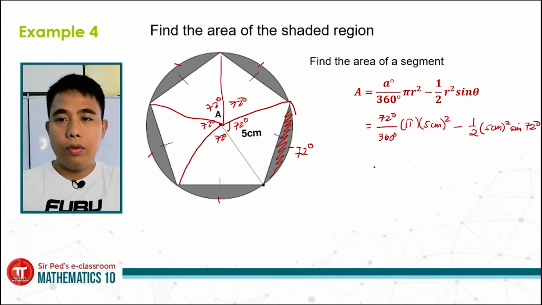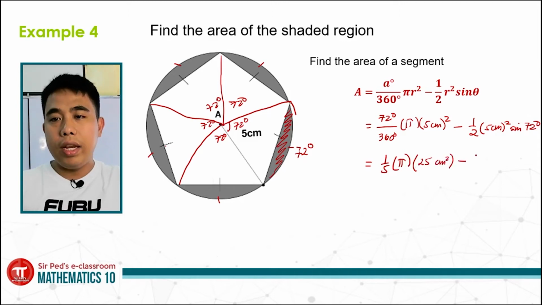We simplify, so we have 72 degrees over 360 degrees, that is 1/5 times pi times 5 centimeters squared, that is 25 square centimeters, minus 1/2 times 5 centimeters squared, that is 25 square centimeters.